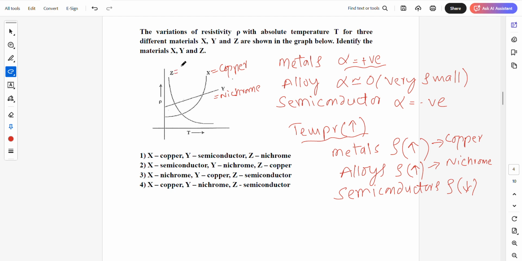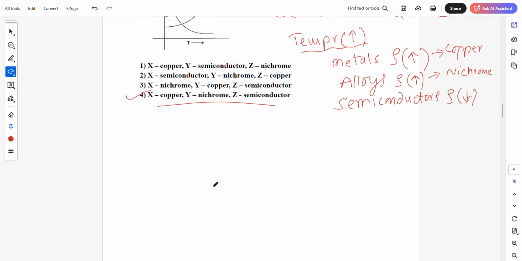Metals have a positive temperature coefficient of resistance, therefore if temperature increases, resistivity increases. In case of alloy, alpha is very small, almost equal to 0, therefore resistivity increases but not so much, almost linear. In case of semiconductor, resistivity decreases. So hope you understood, this is the right answer. X is copper, Y is nichrome, and Z is semiconductor.